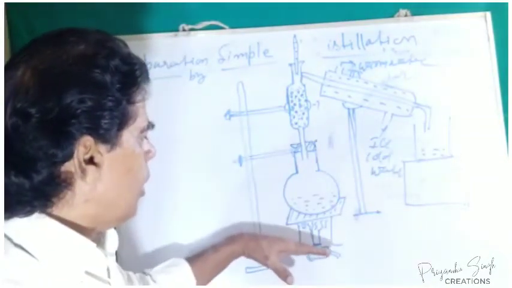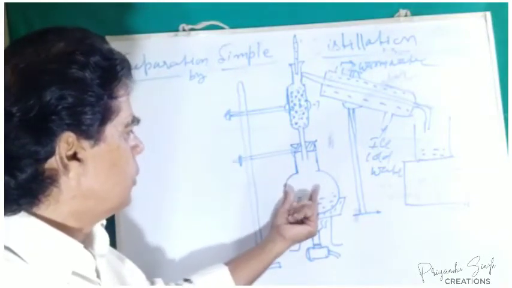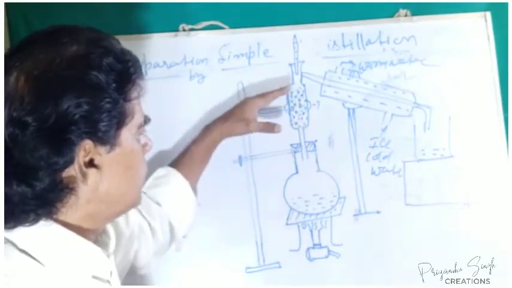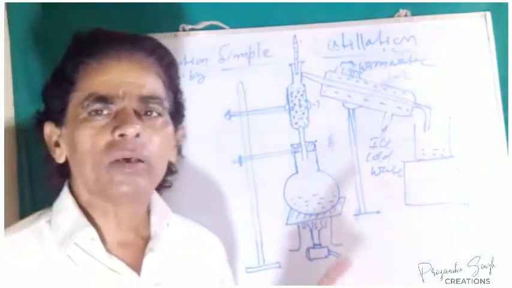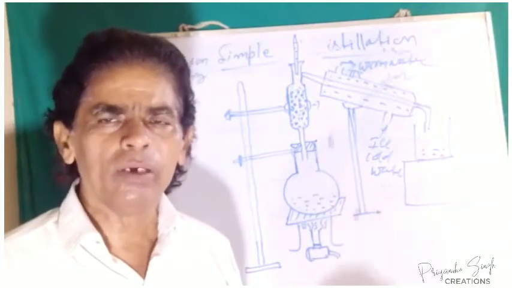Now heating is continued, as a result of which there is a further rise in temperature, and it again attains the maximum temperature of the boiling point of the second liquid, and it starts boiling.